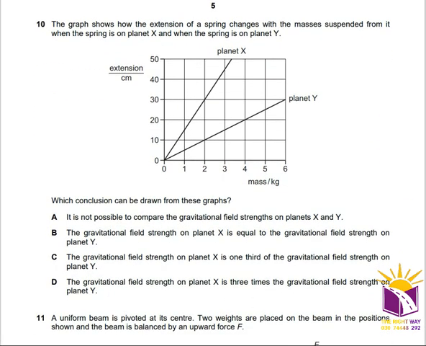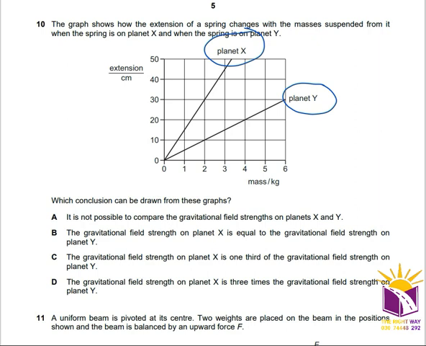Question number 10. The graph shows how the extension of a spring changes with the masses suspended from it when the spring is on planet X and when the spring is on planet Y. So we are using the same spring on planet X and on planet Y. Extension-mass graphs are given, in which we can see that there is more extension for less mass for planet X. Less mass but more extension, more mass but less extension.